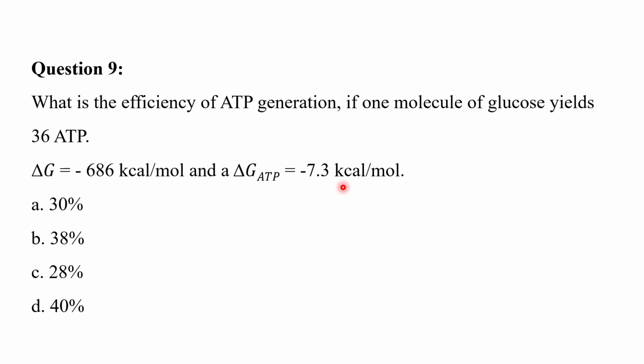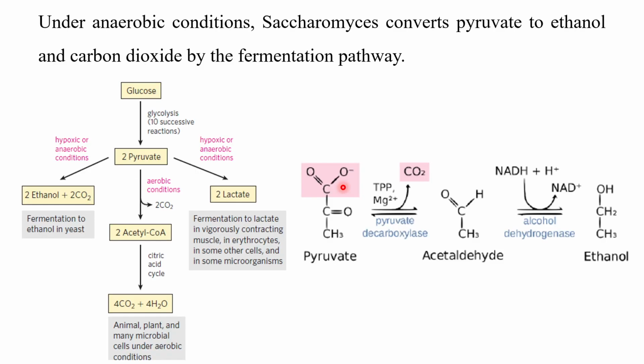During the fermentation process, you are not generating that amount of ATP. If you see here, during the fermentation process, you are not entering this cycle. Most of the ATP is generated during the citric acid cycle, which is not happening here.